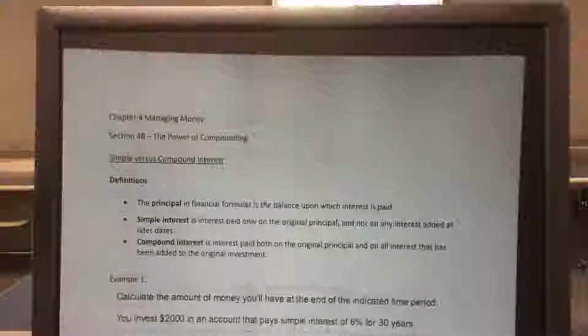And then simple interest is going to be interest paid only on the original principal and not on any interest added at later dates. So that simple interest is just going to be on the original principal.